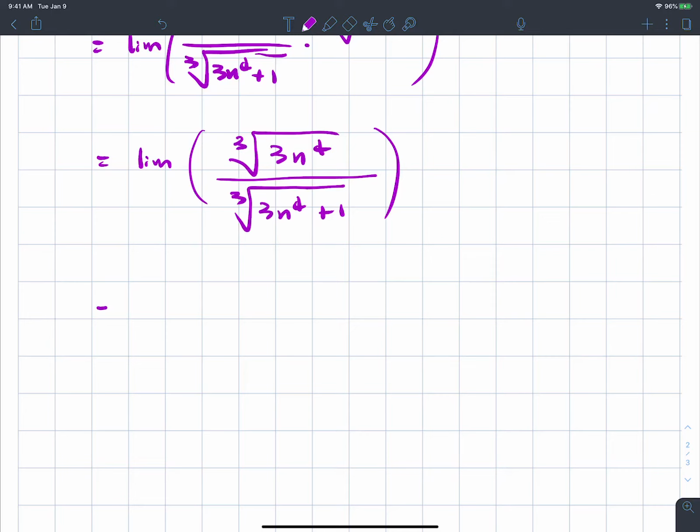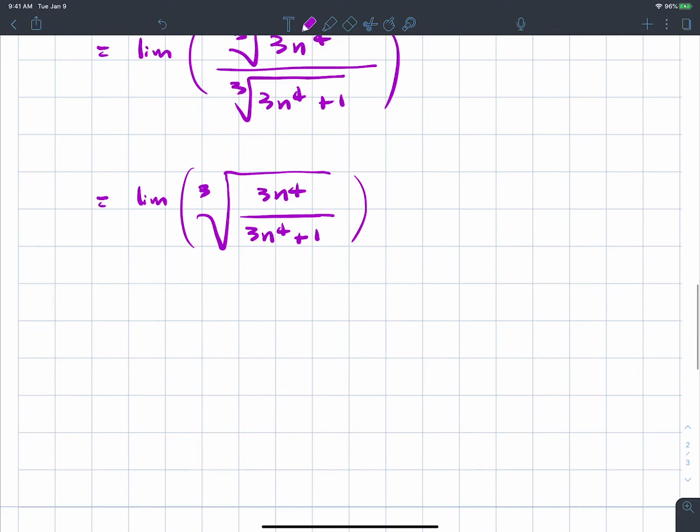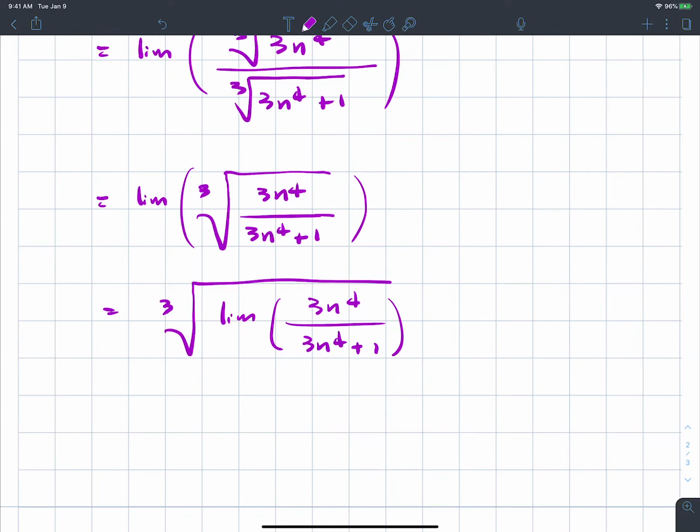Now, by properties of radicals, this is the limit of the quotient, 3n to the fourth over 3n to the fourth plus 1. So you can actually use your property here for saying this is the cube root of the limit of 3n to the fourth over 3n to the fourth plus 1.